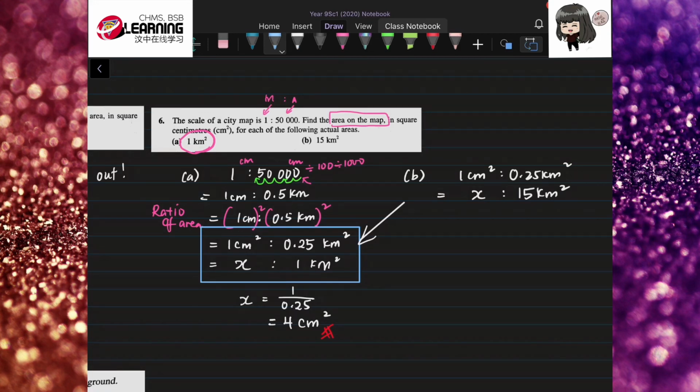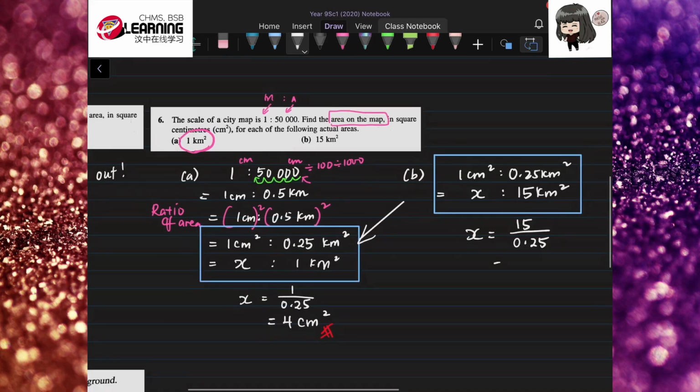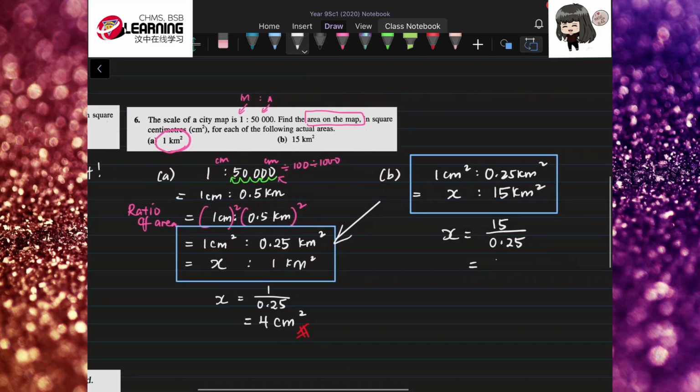So we use this and we cross multiply. x is equal to 15 divided by 0.25 and we get 60 centimeters square. Done.